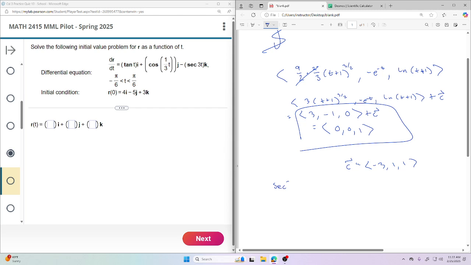So we got secant squared comes from tangent, right? Derivative of tangent is secant squared. Derivative of, this is why we need formulas, not just trying to do this. Secant goes to secant tangent. But then I'd have to create a secant to make it go backwards. So that doesn't make any sense. So there's got to be a formula. I don't have my formula book right now.